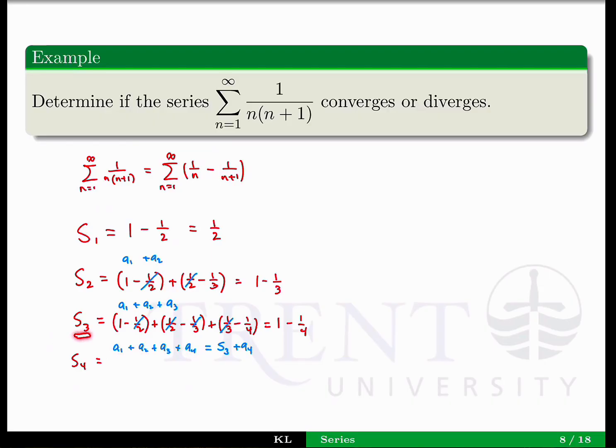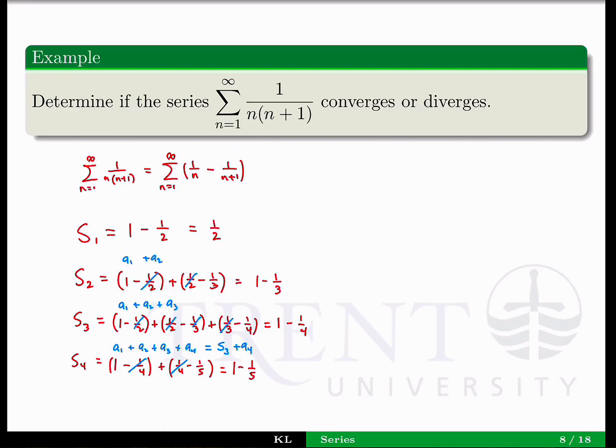We already know what S sub 3 is, so we can write that S sub 3 is 1 minus 1/4. The A4 will be, if you look at this, again, n equals 4, that will be 1/4 minus 1/5. And observe that this 1/4 here will cancel the 1/4 here. So that this will go to 1 minus 1 over 5.